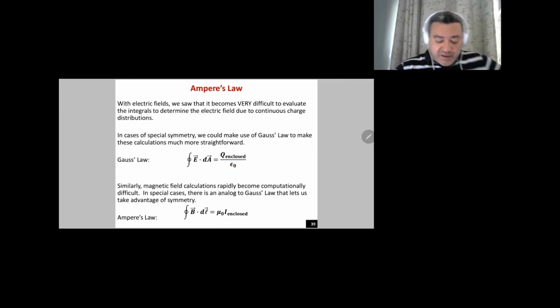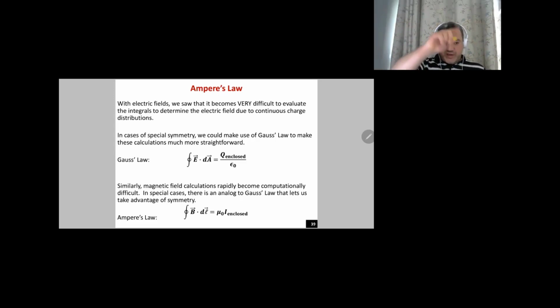Okay, now let's go to the next law, which is Ampere's law. If you recall, when we were studying the electric field, we looked at cases where we had symmetrically distributed charges. We said we could use Gauss's law, taking a Gaussian surface around that distribution for simplicity.